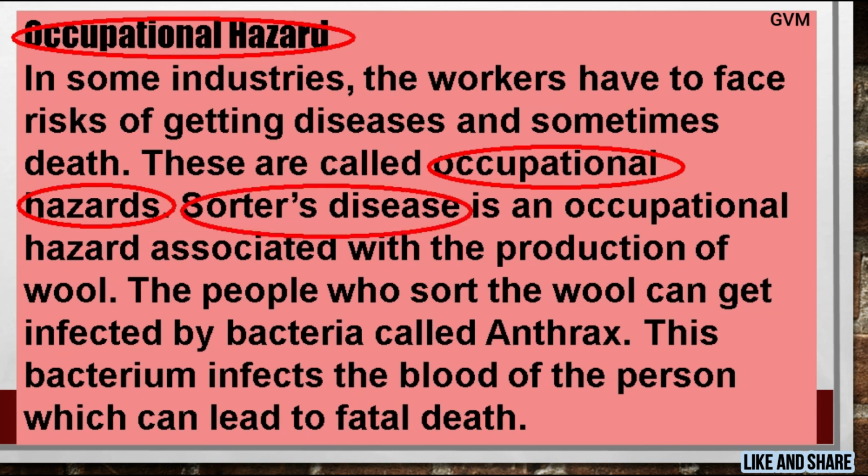Basically those people who sort the wool can get infected by a certain kind of bacteria called anthrax that is present on the fleece of the sheep. And students, when this bacterium infects the blood of the person, then it can lead to fatal death also.